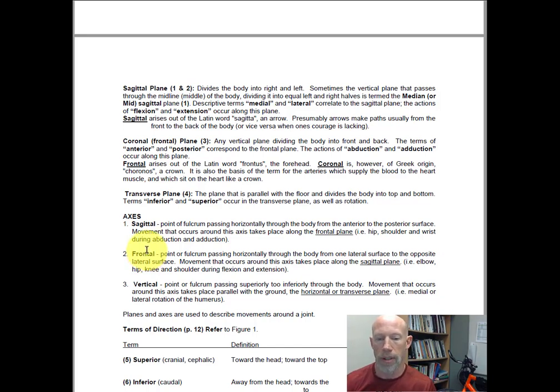And then vertical, sometimes known as longitudinal. This is the rod or pin that would go straight through the head, right through the body, from the top to the bottom, essentially. This is the axis for rotation, which would take place in a horizontal plane. If you were spinning in a pirouette, you'd be moving around that vertical axis.